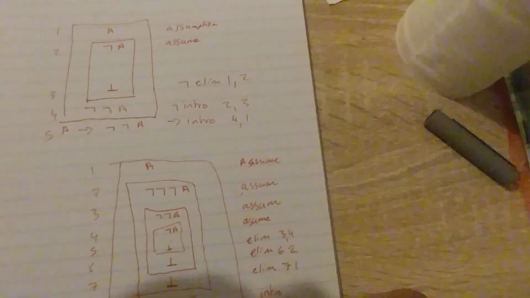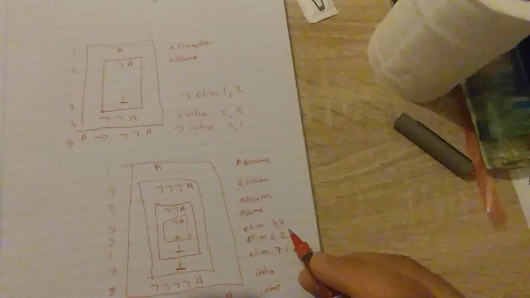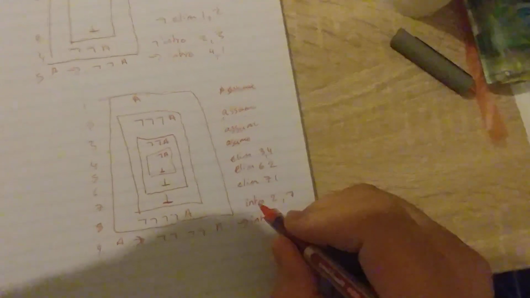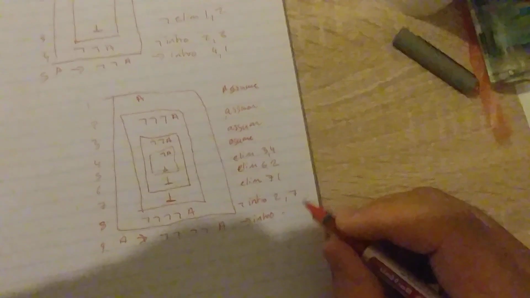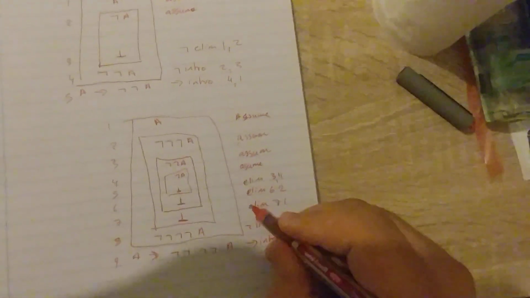So then this introduction comes from line 2 and, I believe, 2 and 7. And then this is an implication introduction. This is not introduction. That was what was messing me up, actually. So this is a not elimination, not elimination, not elimination.